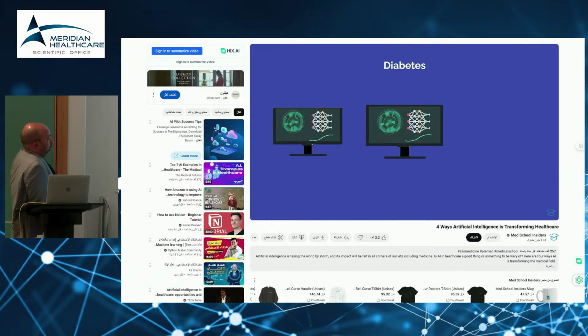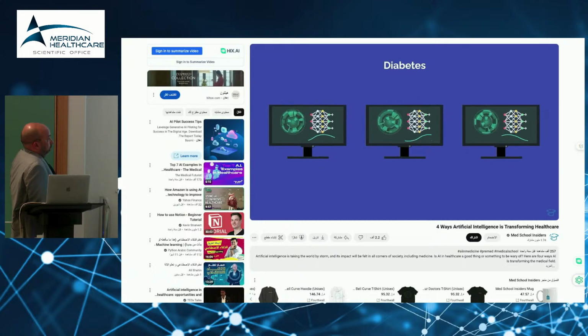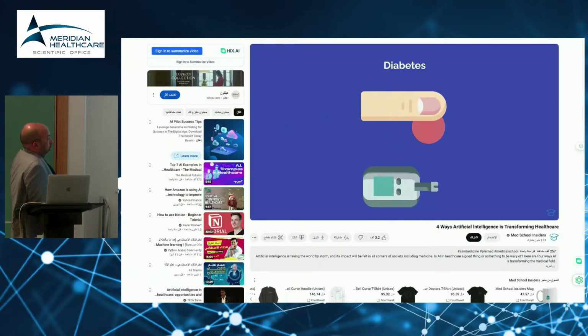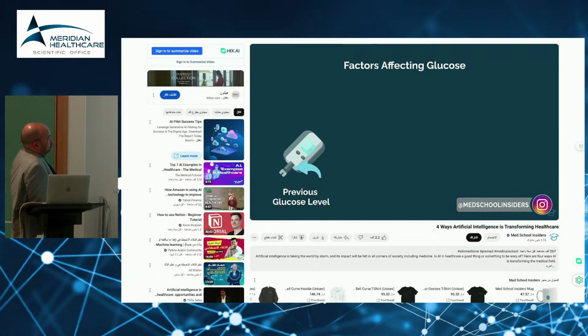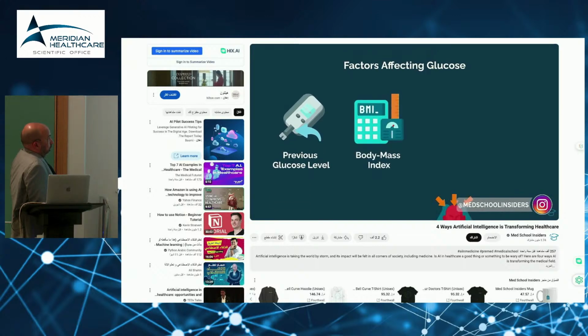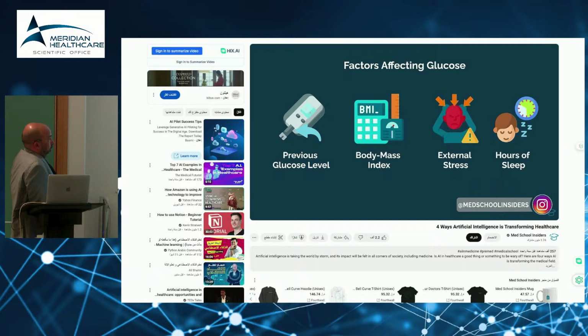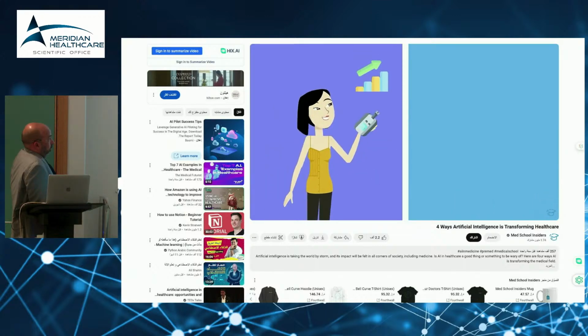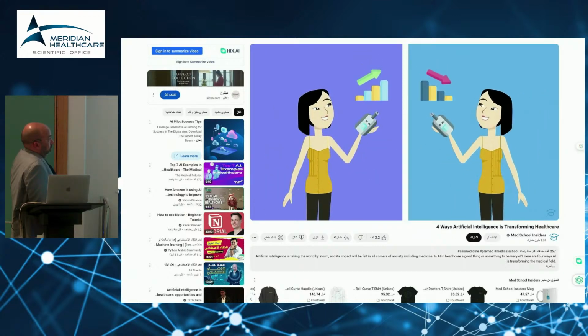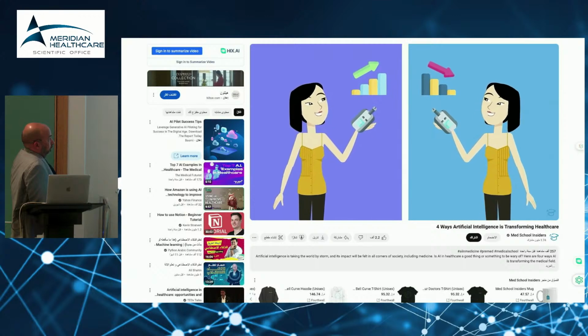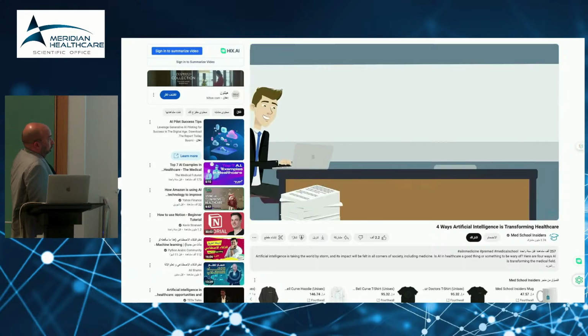Using various machine learning models, researchers are developing predictive models to estimate a patient's current glucose level based on multiple factors, such as their previous glucose levels, body mass index, external stress, and even hours of sleep. This can help patients anticipate when their blood sugar levels are critically high or low, enabling them to better prepare for emergencies.